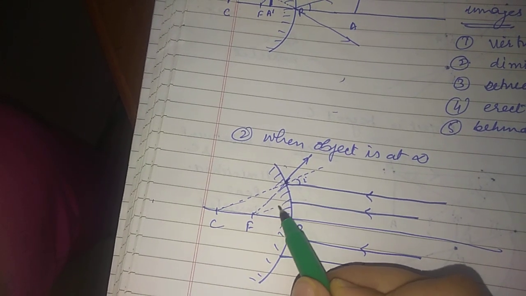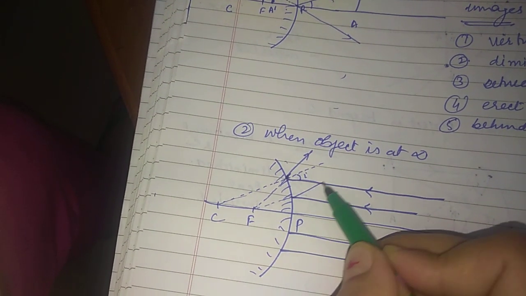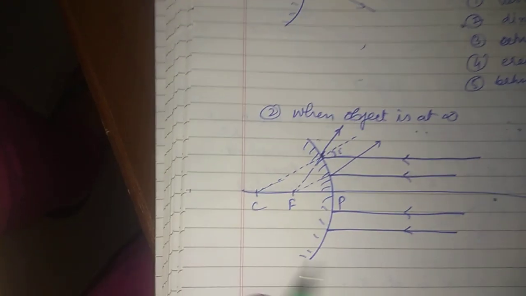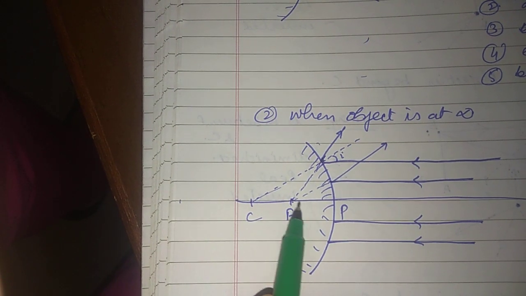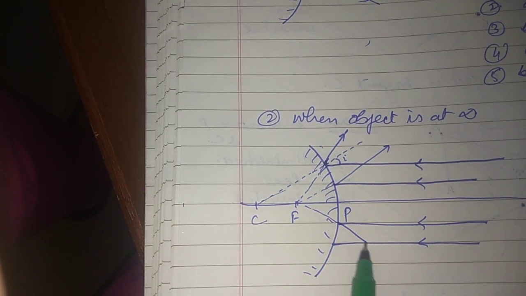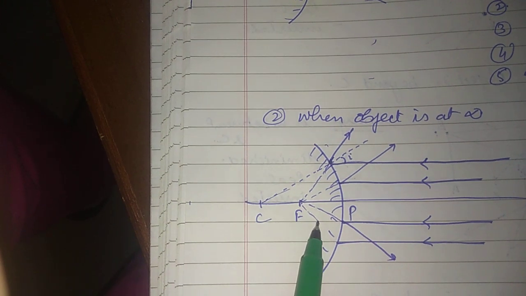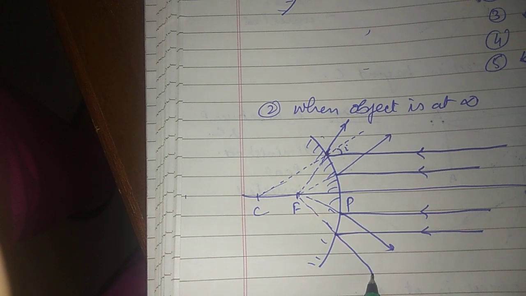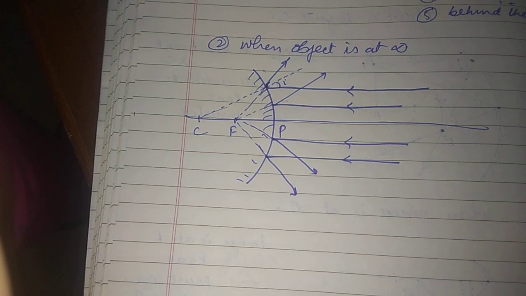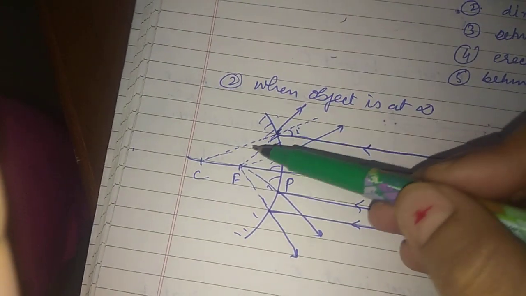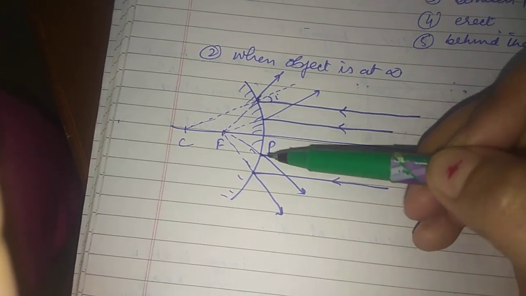Similarly, other rays we can draw here. So all the rays are divergent, they will never meet. You have to extend them in the backward direction to find out the position of the image.